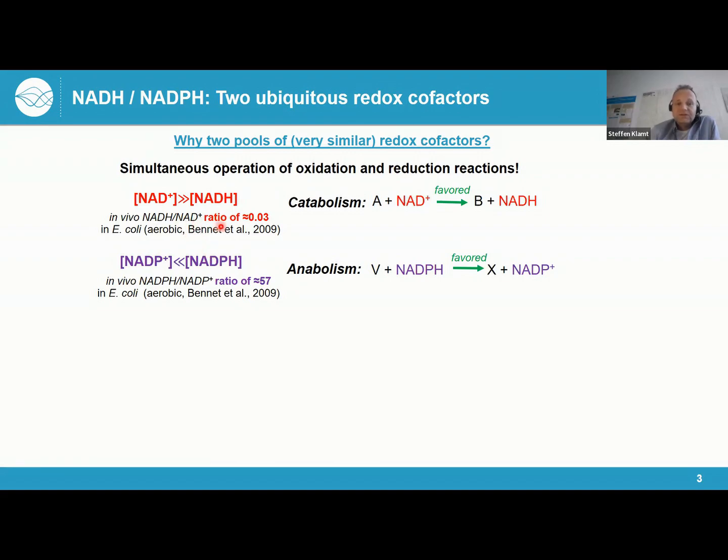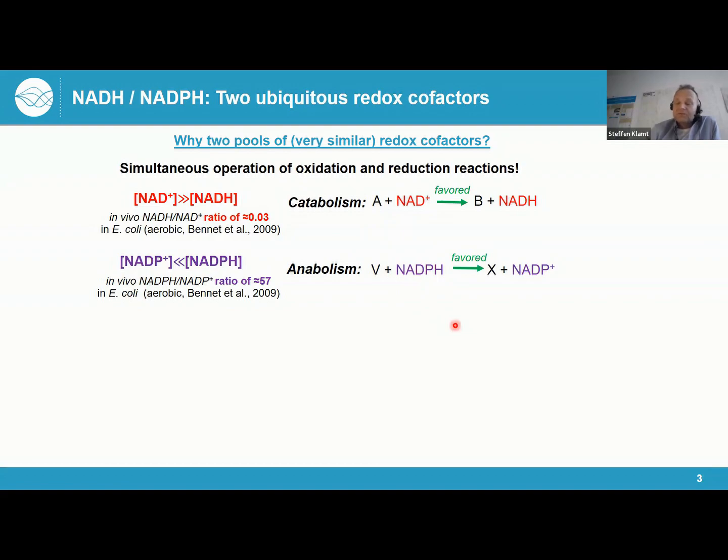This yields very different ratios of reduced to oxidized form of the redox cofactor. With that, NAD can mainly function as an electron acceptor in catabolic reactions, which are favored because we have high concentrations of NAD, whereas NADPH mainly serves as an electron donor in biosynthetic reactions in the anabolism.